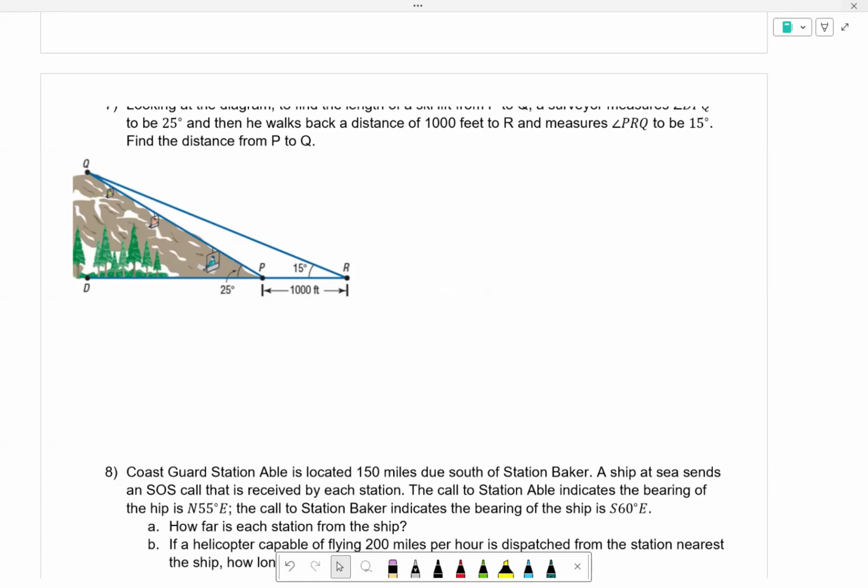Where's Q? Yeah. That's a good sign. Thank you, Max.